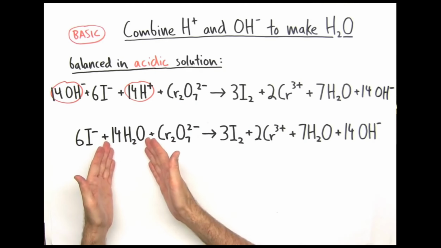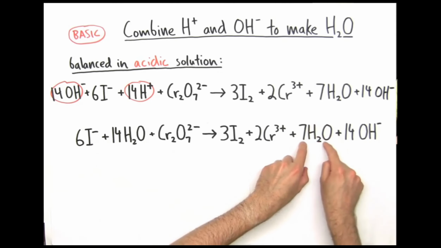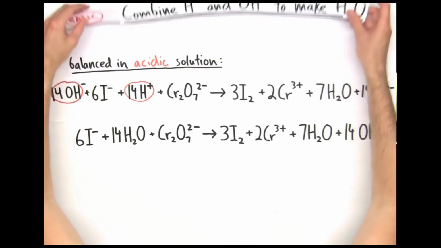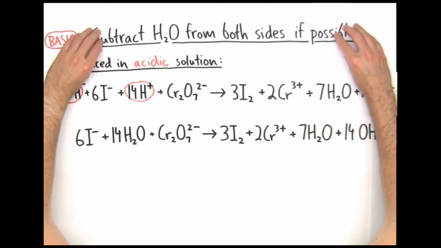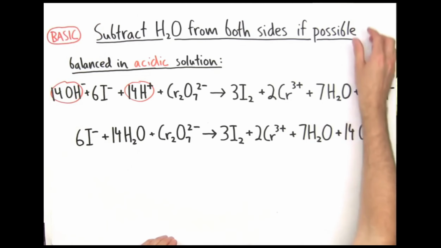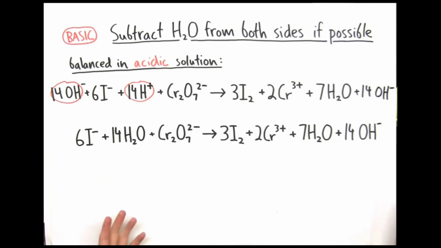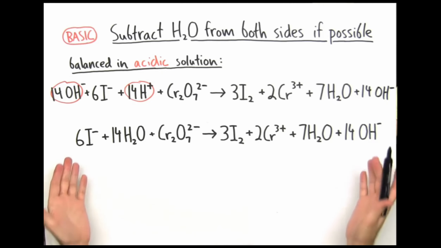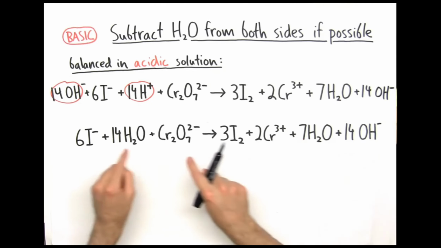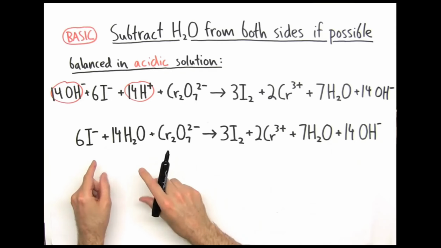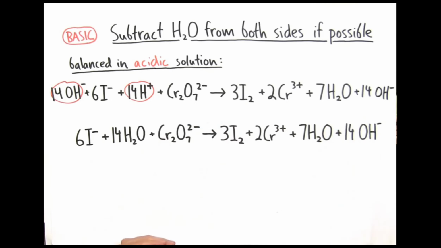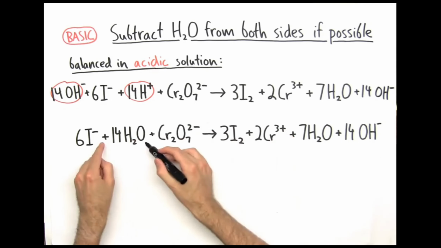Okay, so now I have H2O here, and I also have some H2O over here, which is important to keep in mind as we go on to our next step, which is to subtract H2O from both sides if possible. Think of this just like an algebra problem. We have something that's on both sides of the equation, and so we can subtract it out. I have 7 here and 14 here.